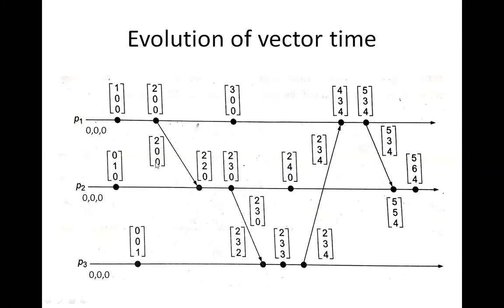This event is not causally related with this. So in this way, the vector time gives information about the presence of a causal relationship between the different events happening in between the processes. Not only by the Lamport's timestamp, but by applying the vector timestamp, we are able to judge whether events are causally related or not.